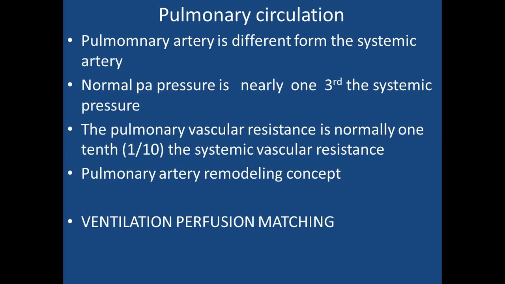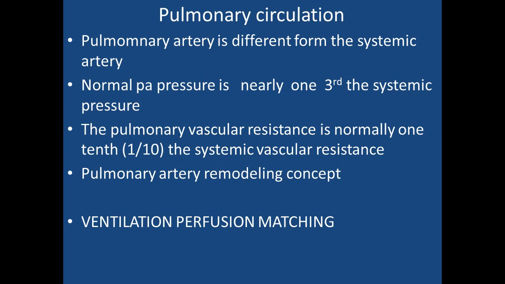First of all, structurally, the pulmonary artery and its sub-branches are different from the systemic artery in that it has thin elastic lamina, and it looks more like a vein. And this pulmonary artery can accommodate a large amount of blood without creating significant vascular resistance.